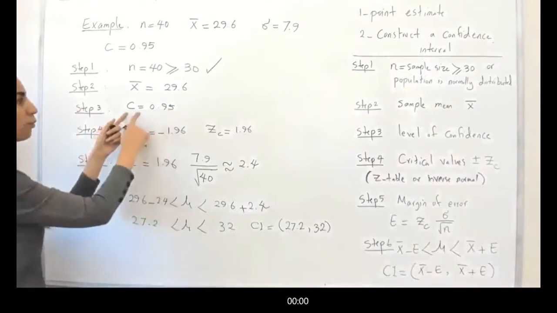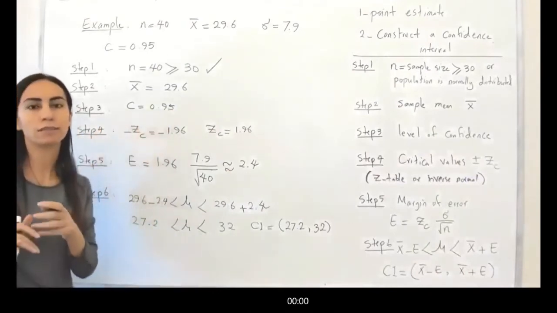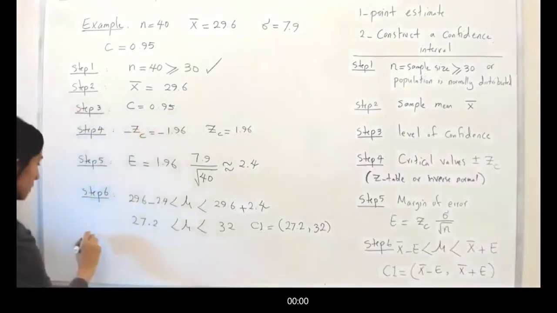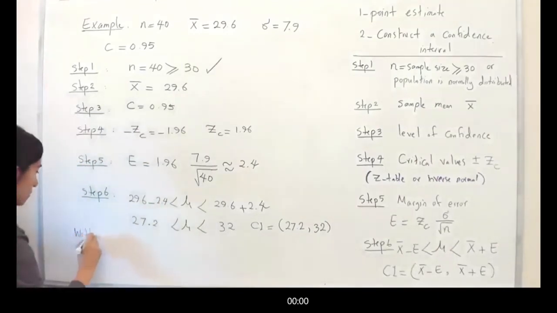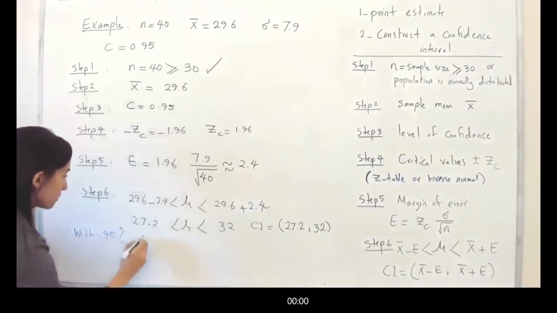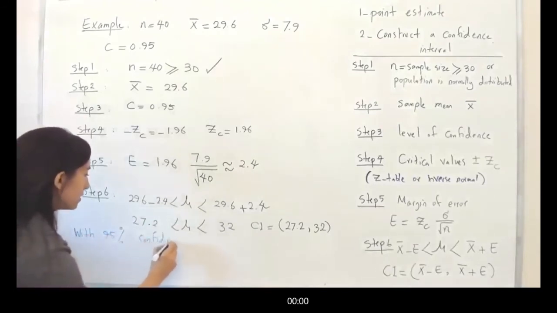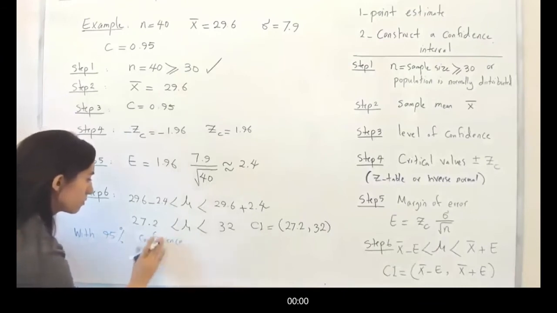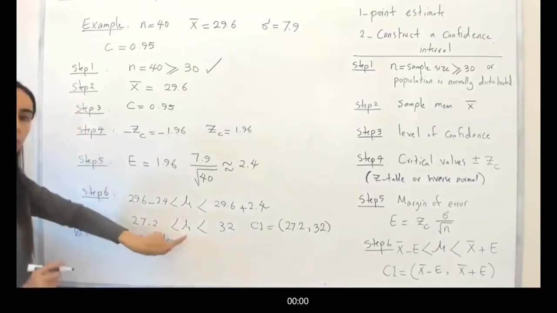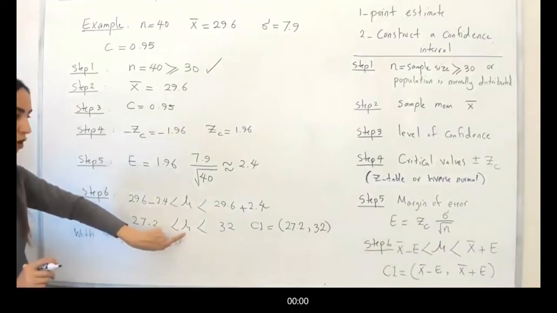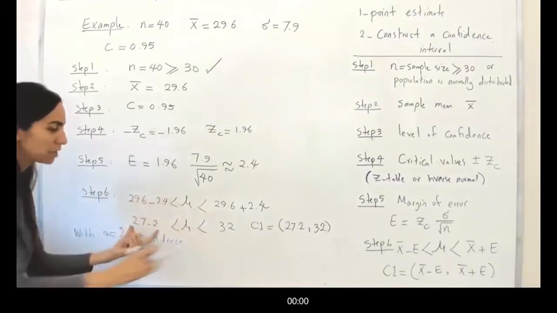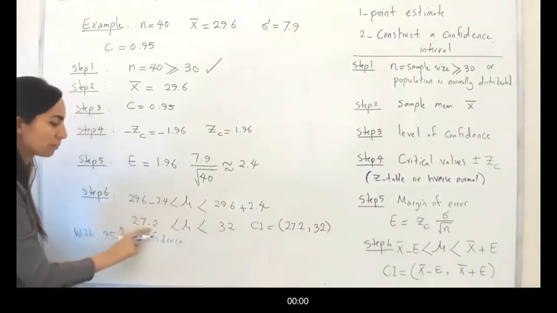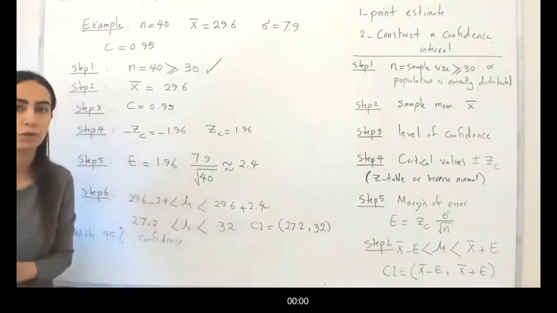So what's the meaning of that? You say that with 95% confidence, the population mean hours worked in the store is in between 27.2 and 32 hours.